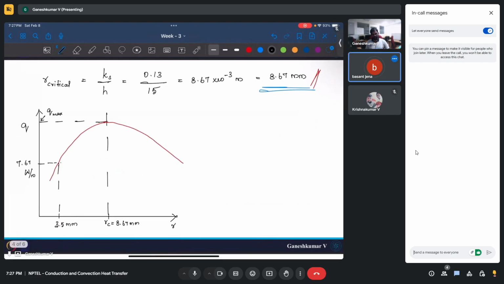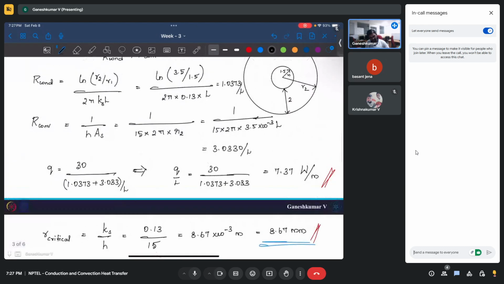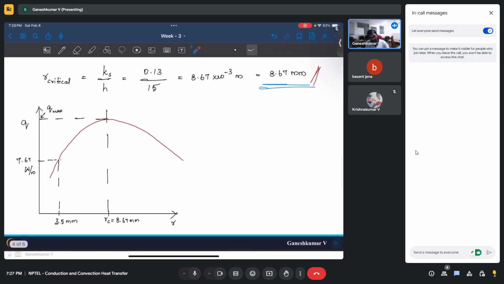Okay. So what does it mean? For example, we have 7.37 watt per meter of energy that is dissipated through the insulation, and the R critical is 8.67 millimeter. Okay, so if you continue to increase the insulation, what happens?